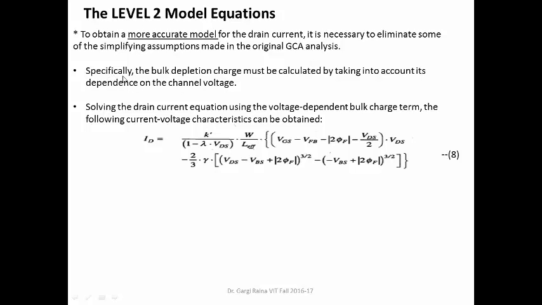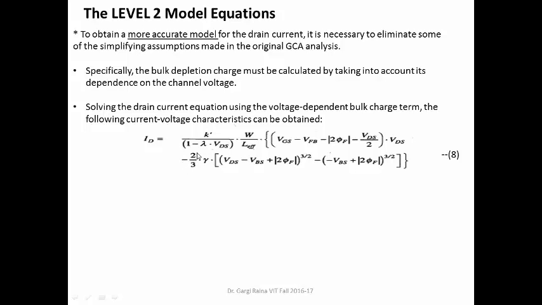First, the bulk depletion charge has to be calculated by taking into account its dependence on the channel voltage. So then we will solve for the drain current equation using the voltage dependent bulk charge term, and this is given by this equation here.